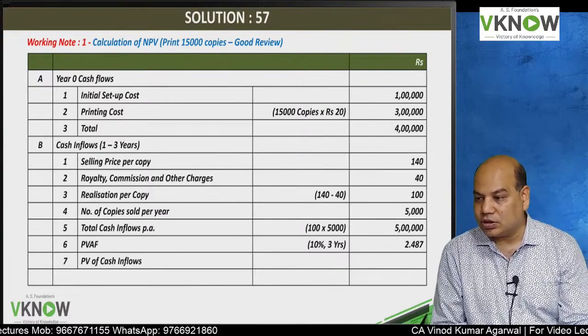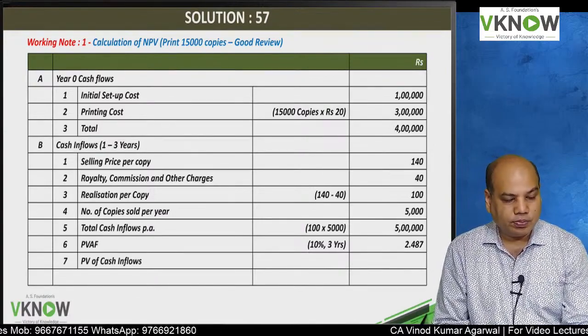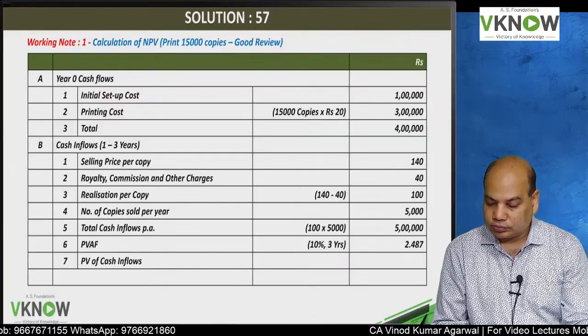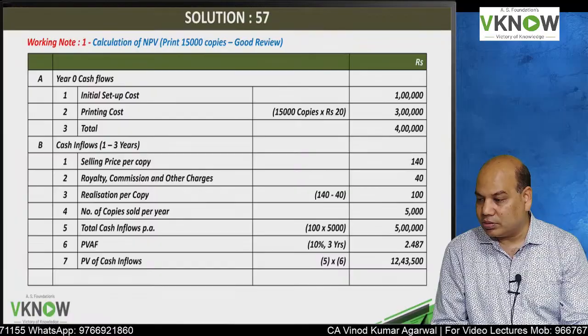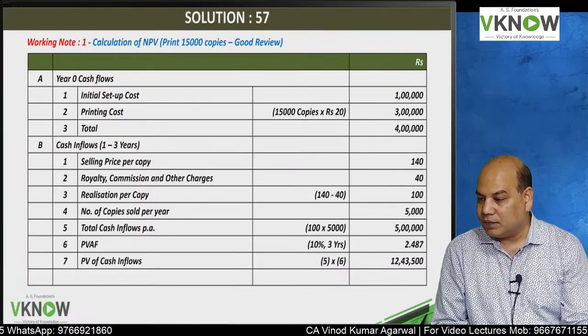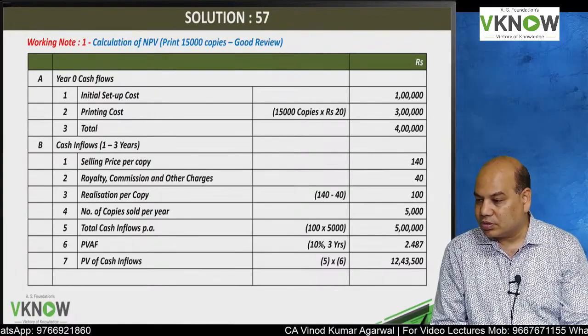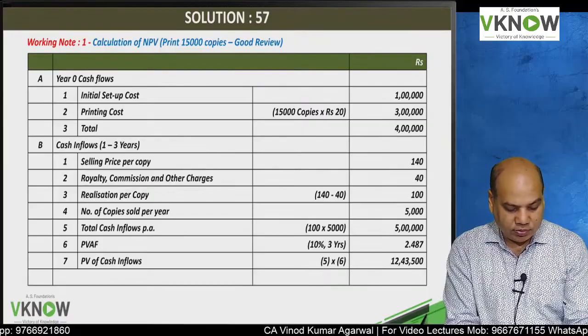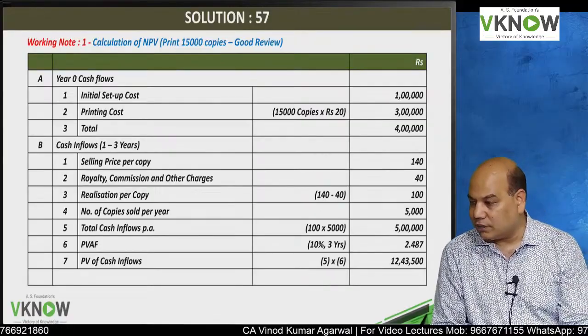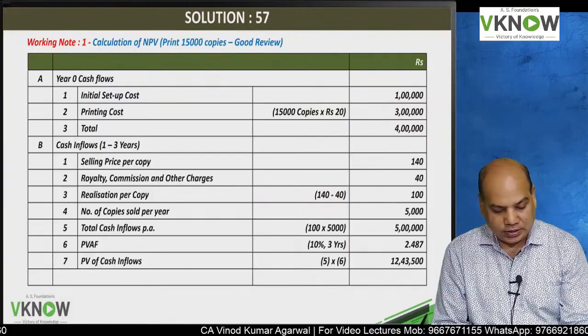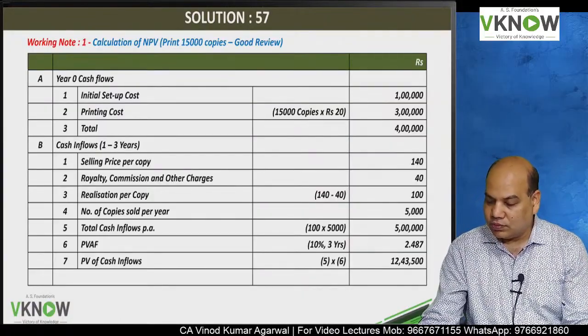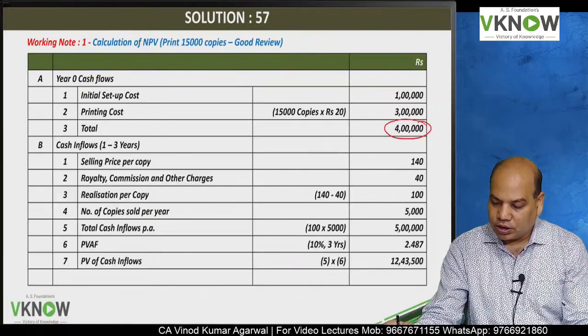Therefore, PV of cash inflow is point number 5 multiplied by point number 6, B5 into B6. Just please confirm whether it is 12,43,500. 12,43,500 is right. Yes. What is your investment? 4 lakh.